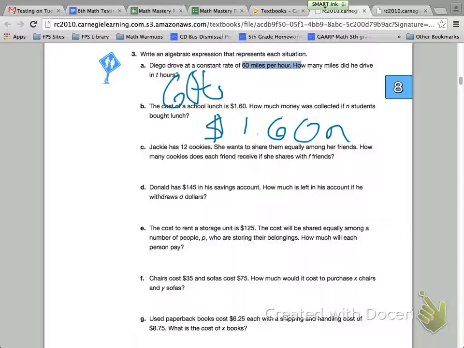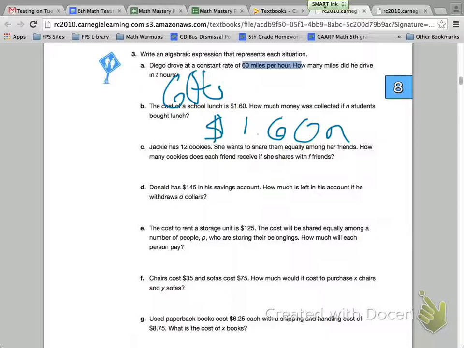Alright, let's take a look at problem F then. Chairs cost $35 and sofas cost $75. How much would it cost to purchase X chairs and Y sofas? So in this case, there are two variables.